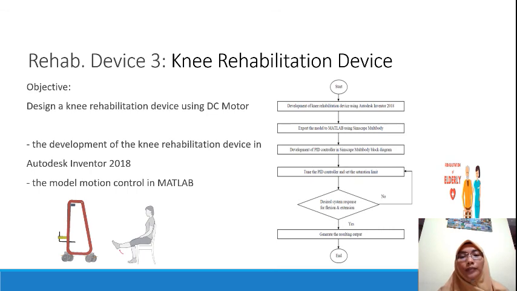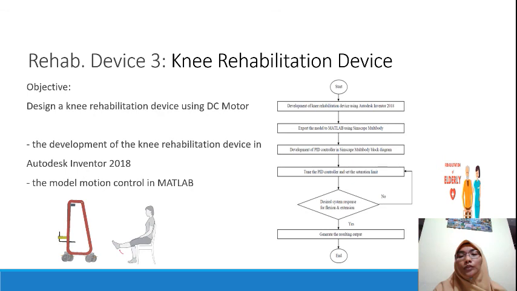Okay, so the development of the knee rehabilitation device uses Autodesk Inventor. We design our device and then export it to MATLAB. From there we use PID controllers to operate the knee rehabilitation device. The PID is then tuned so that we get the gains.